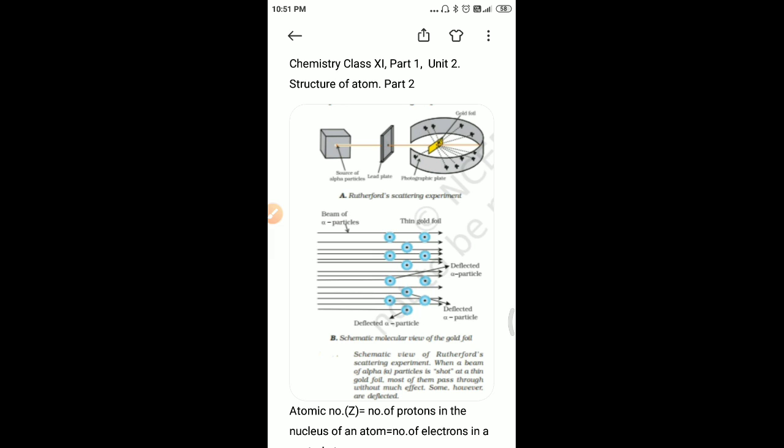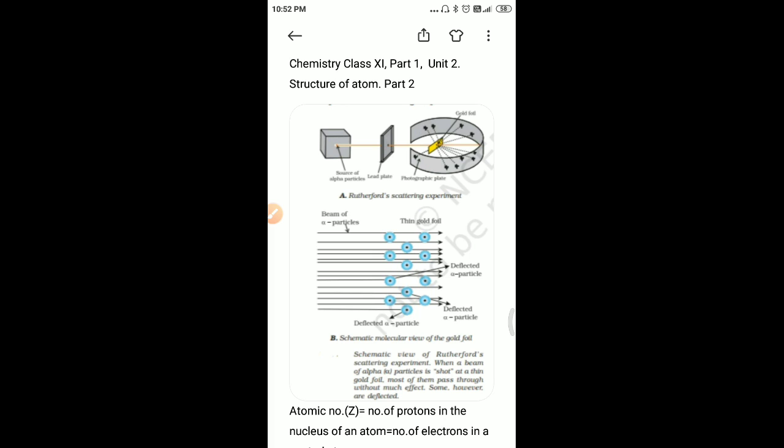Before discussing the Thomson model and Rutherford model, we should recall what we studied in the previous class, and also the problems that existed in front of scientists when they were preparing the different atomic models.